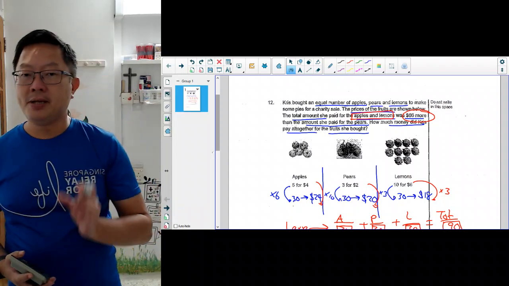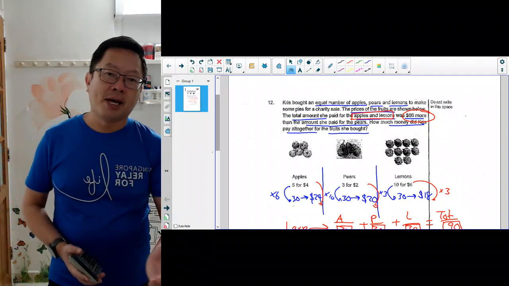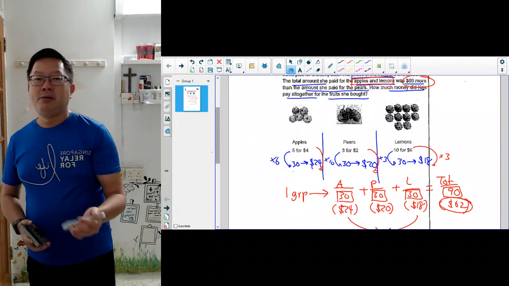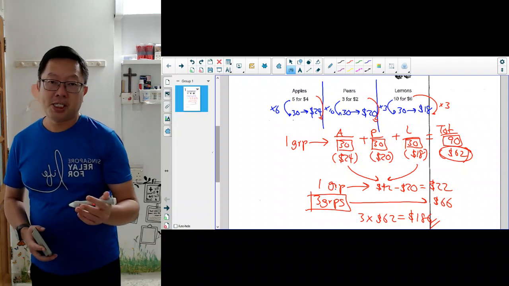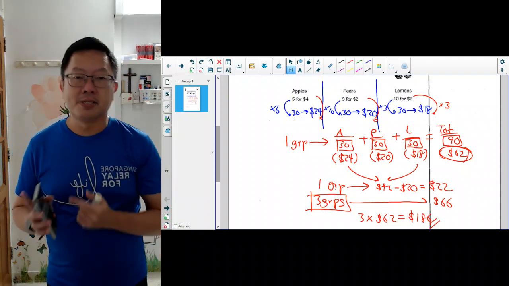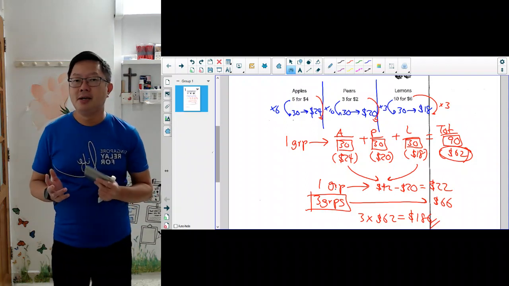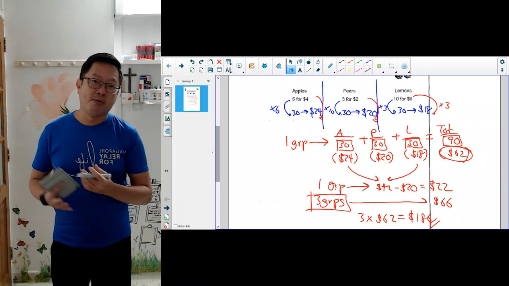I can use that to make an equal number, and with that I can make one group. Once I can make one group, I can find how many groups there are, and then use that to find how much she paid altogether. So this is called the concept of grouping, the method that you need to understand. Once you understand this method, you are able to use it to solve questions like this.